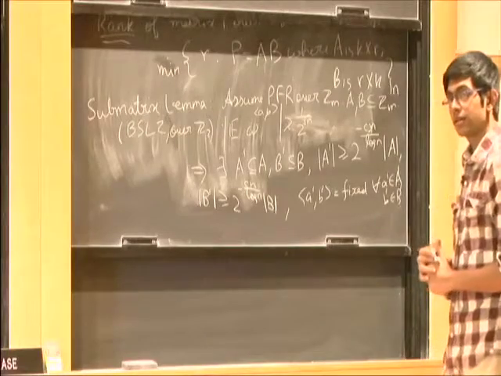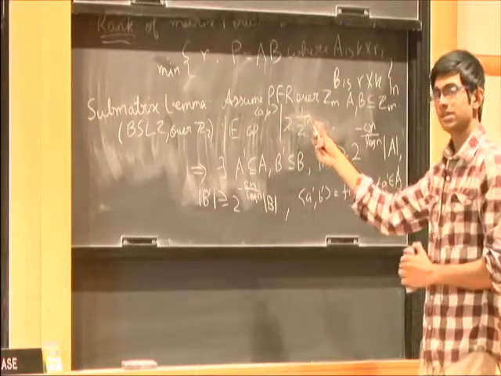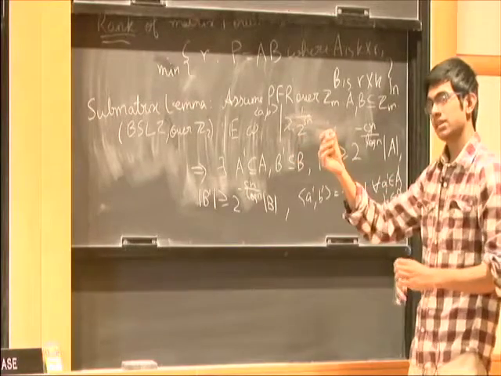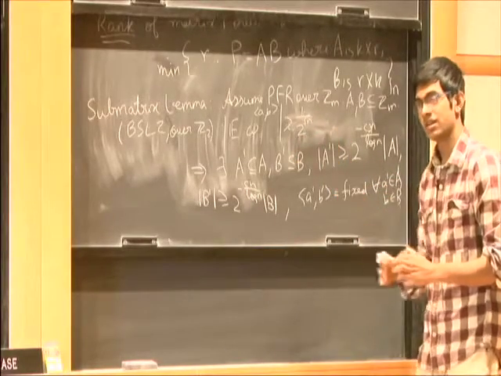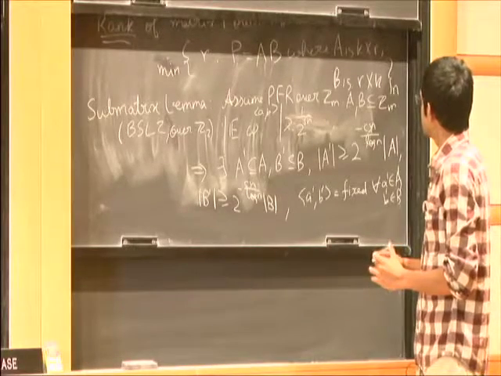And without PFR, what's the best? Then you will need something like 1 minus epsilon; the bias requirement is very close to 1. And then you get 2 to the minus n over log n.